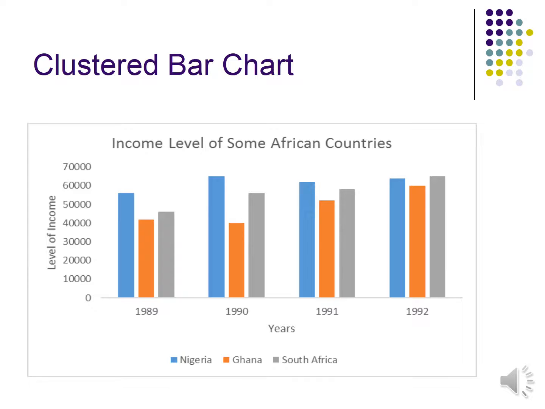Equally, South Africa started as the second country in the group of three, and it's now maintaining the lead here, while Nigeria, with the highest in 1989, is now the second by 1992. So, looking at the data, you could easily draw a trend of these countries using the clustered charts.